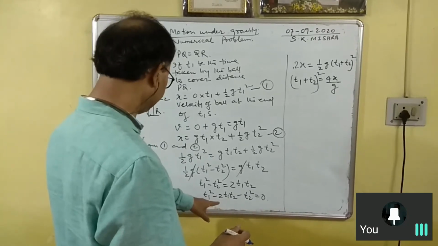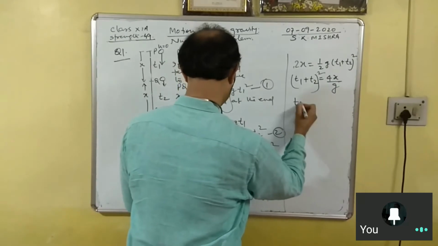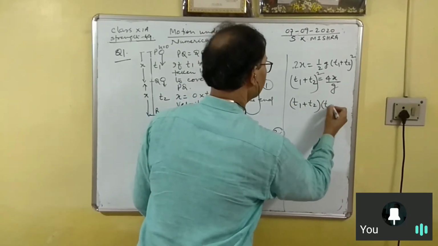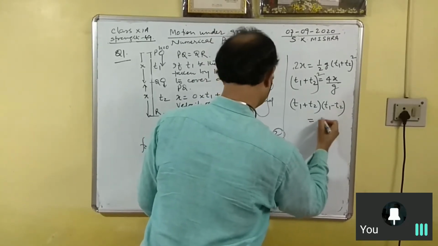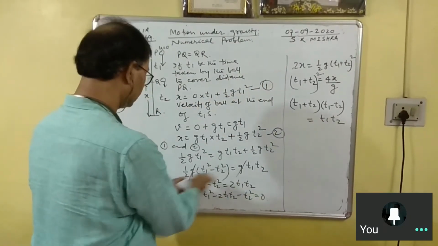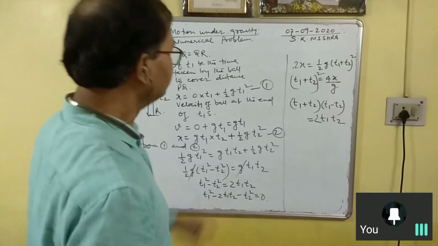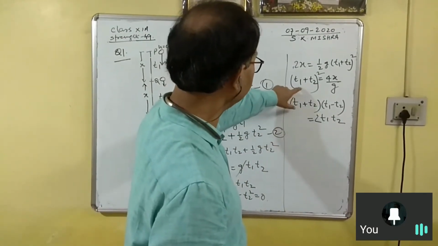So can I substitute here? So this is (T1 plus T2) into (T1 minus T2) is equal to T1 T2, from this relation, 2 T1 T2. So just divide one of the equations.